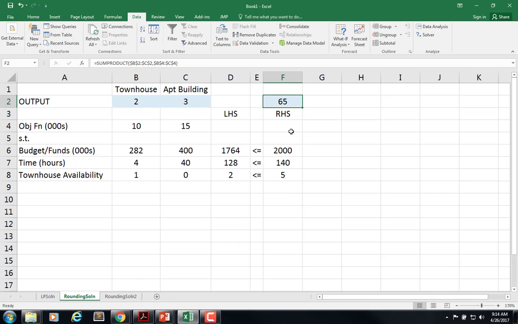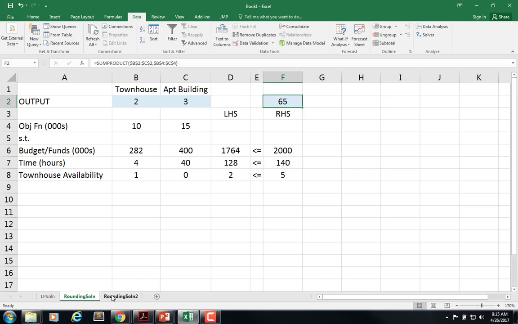The problem with rounding is we do not know if the solution that we found by rounding is the best optimal integer solution. We know that the first one is better than the second one, but we don't know if it's the best overall. So how do we guarantee that we get the best integer solution?